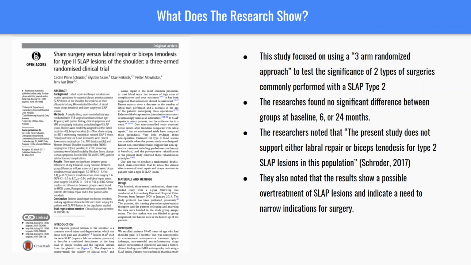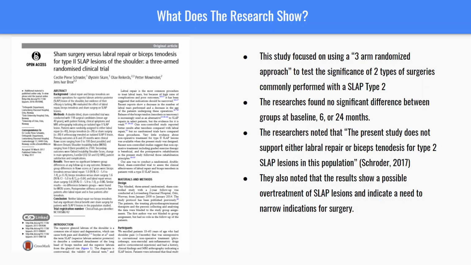The researchers found no significant difference between groups at baseline, 6 or 24 months, and noted that the present study does not support either labral repair or biceps tenodesis, which is taking the bicep tendon, which runs into the labrum, taking that off and moving it to a different space, for type 2 SLAP lesions in this population.